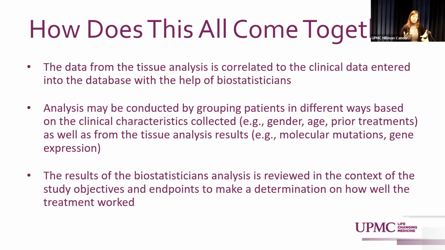Also looking at those tissue analytics, so molecular mutations, gene expression, biomarkers. Again, we can group these patients in many different ways to really tease out which patients are having the most benefit from these treatments. And then once these results are reviewed in the context of all of these objectives, the tissue, safety, efficacy, whatever the endpoints might be, we determine how well that treatment worked.